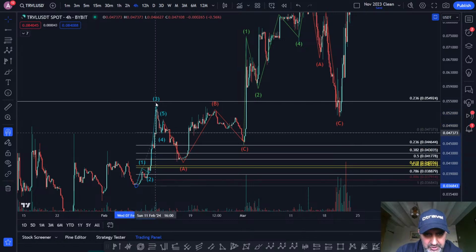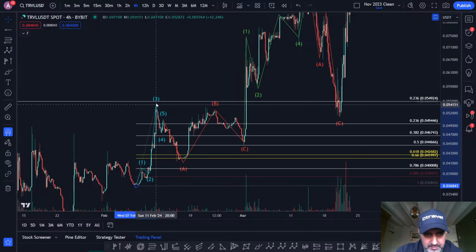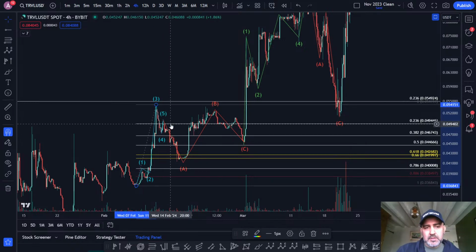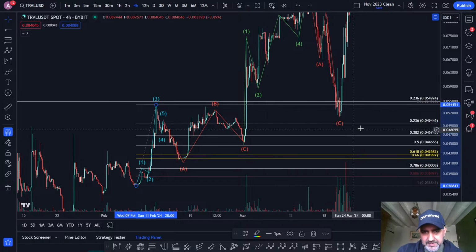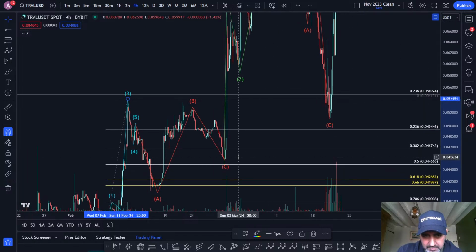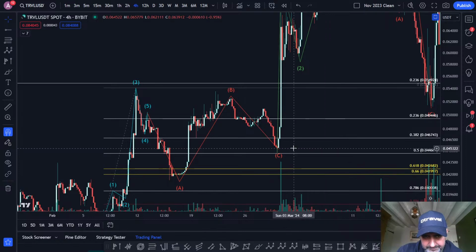Now with the corrections, you do it from bottom to top, not to the waves. It comes to 50%. Does it come all the way down? Not really.